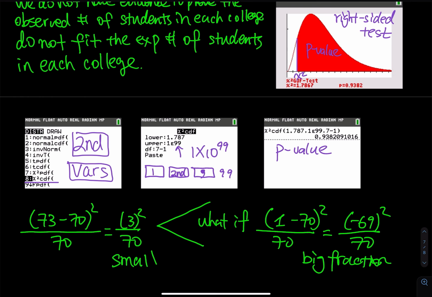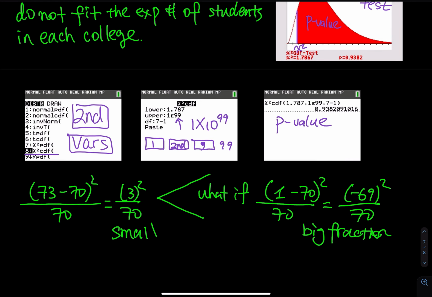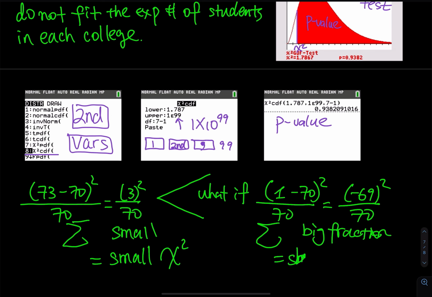How do you calculate the chi-square? The chi-square is you are adding a bunch of fractions, right? So the sum of small fractions must be a small chi-square, and the sum of big fractions must be a big chi-square.